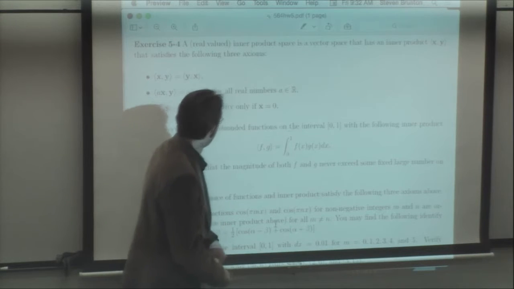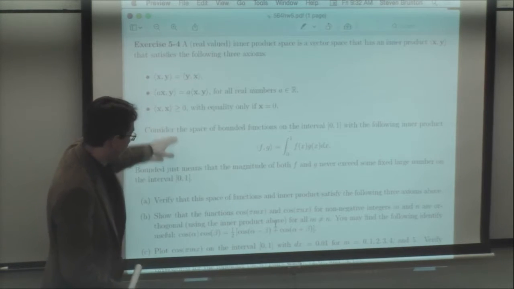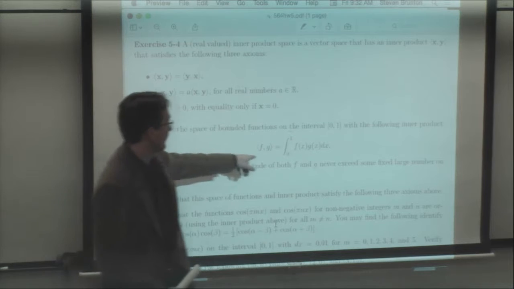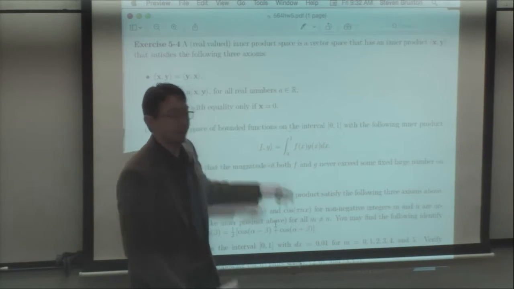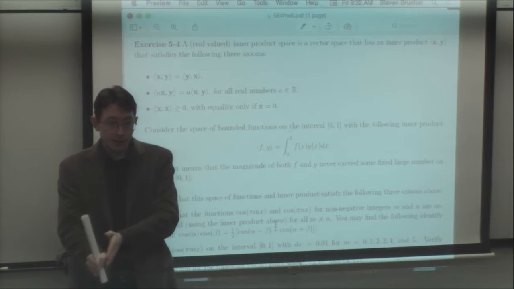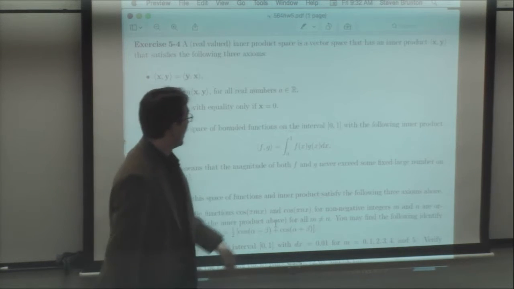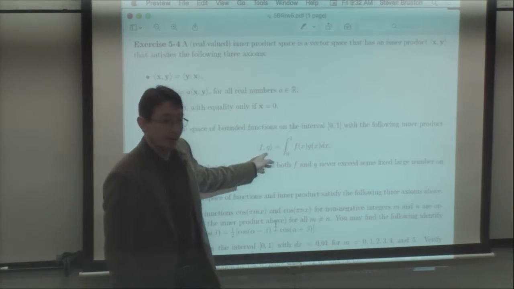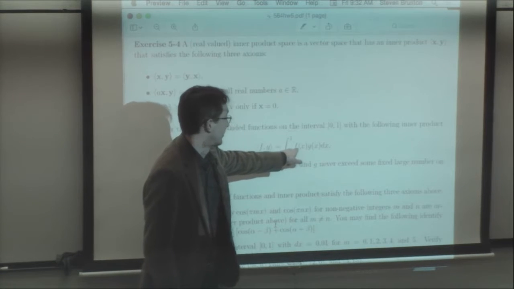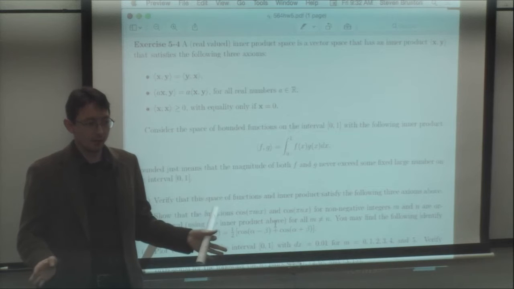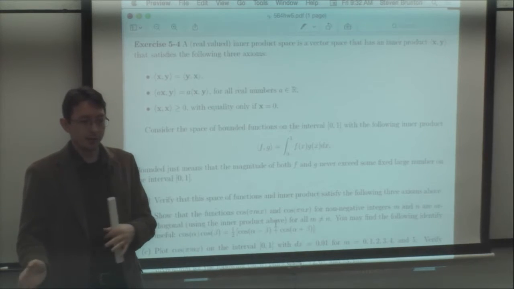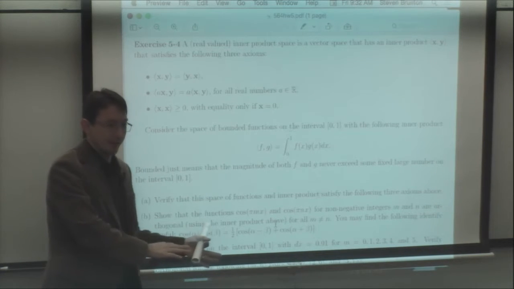But in this homework problem 4, we're going to show that the space of bounded functions defined on the interval from x equals 0 to x equals 1 defines an inner product space, where the inner product is the integral of f times g. If this seems a little strange, that we're defining functions as living in a vector space, it is strange.